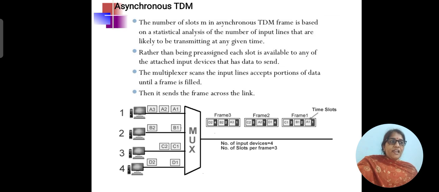Each slot is available to any of the attached input devices that has data to send. The multiplexer scans the input lines, collects portions of data until the frame is filled. Then it sends the frame across the link.